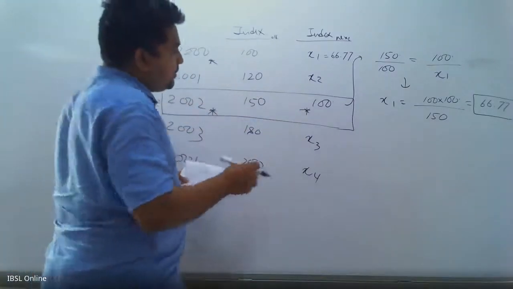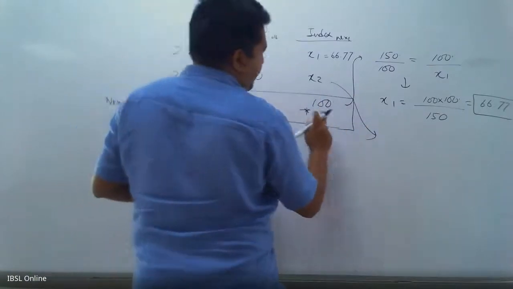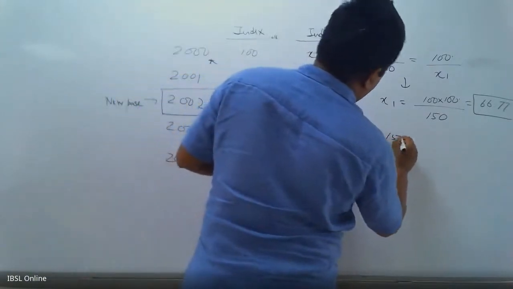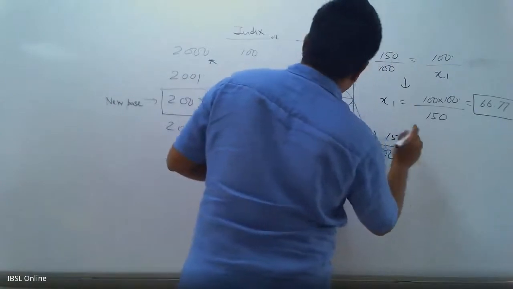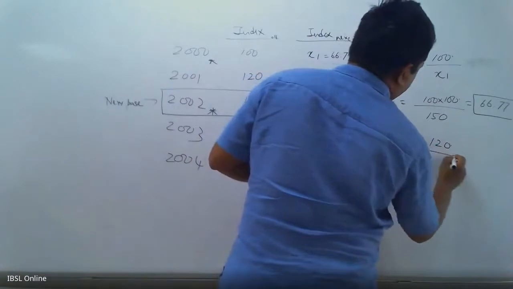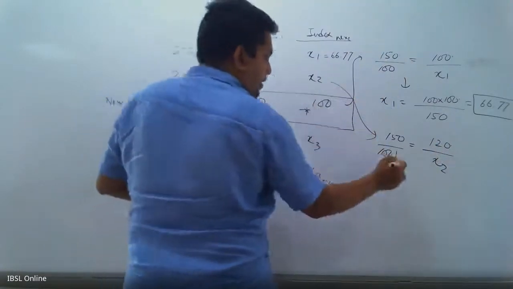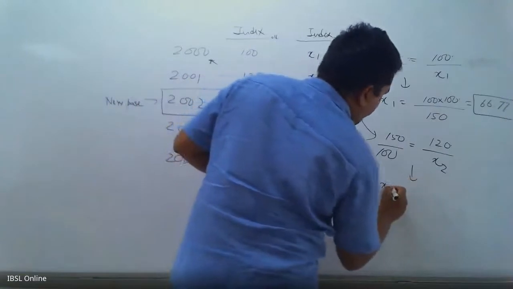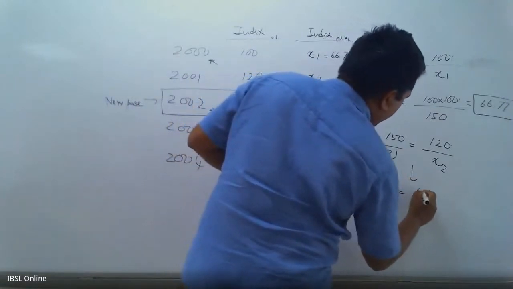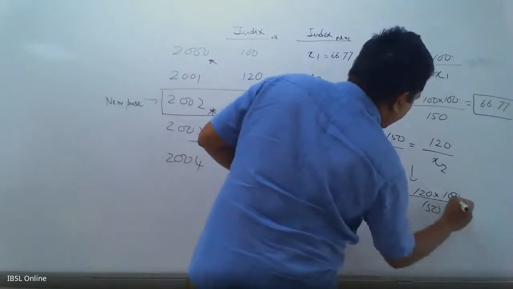Let's see the second one, x2. Same logic. 150 to 100 should be equal to 120 to x2. Sorry, this point is x2. Similarly, in that case, x2 should be 120 multiplied by 100 divided by 150.